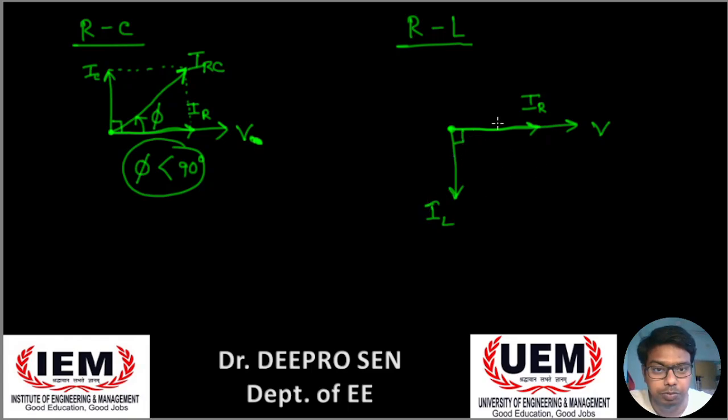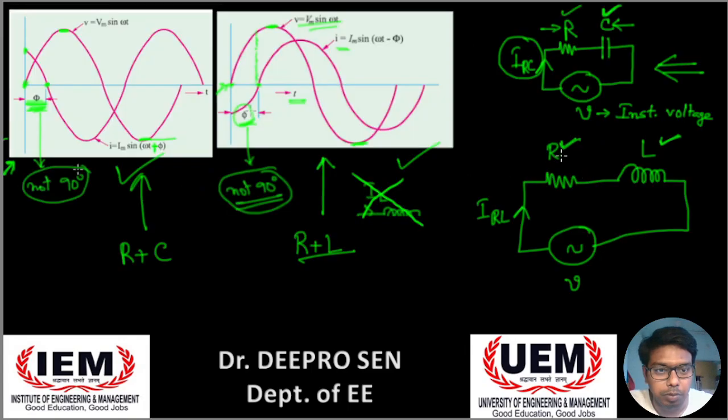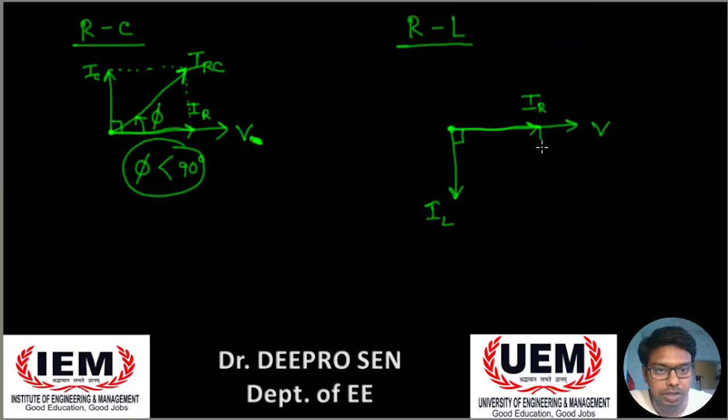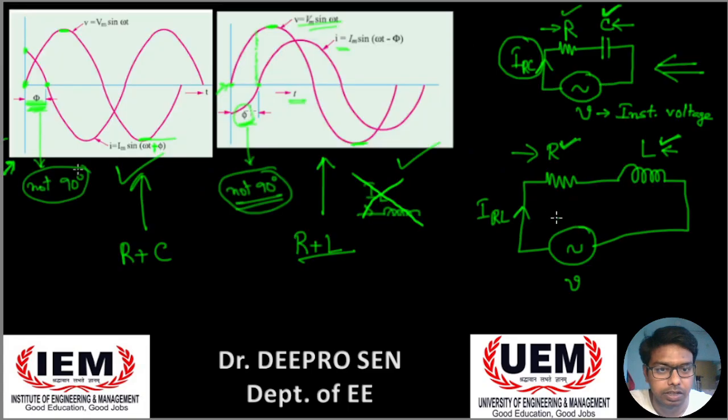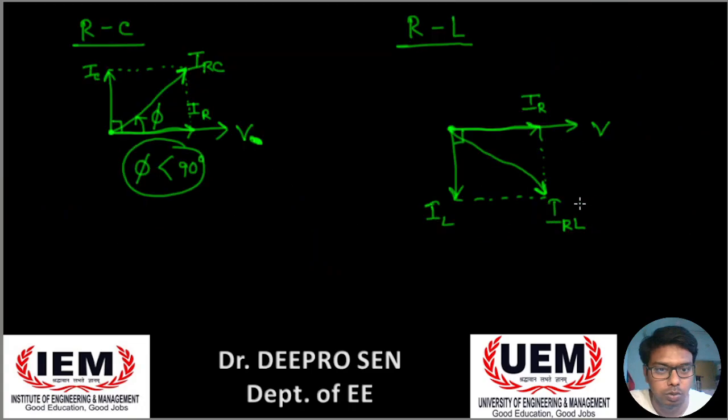Do you remember from the previous video? But since we have both of these together in series in this circuit, we need to find out the final current's direction and magnitude by adding vectorially this IR and IL, which will give you IRL, and that is this current which flows from the source to the load.